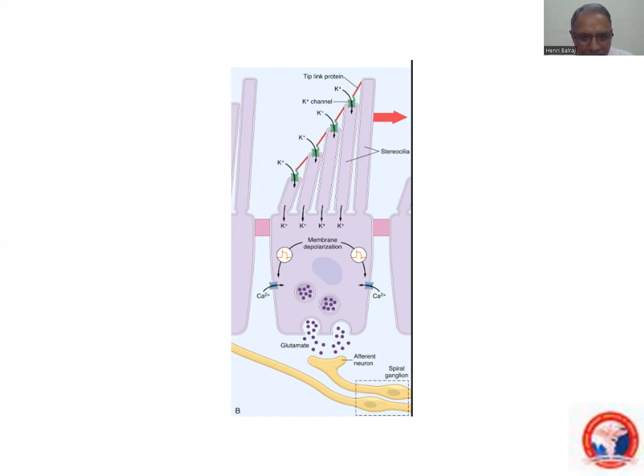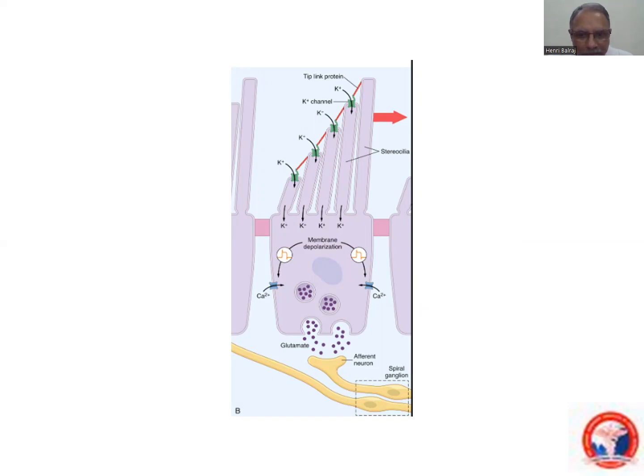This neurotransmitter, glutamate, is exocytosed by the fusion exocytosis complex into the interstitial fluid between the hair cell, the receptor for hearing, and the afferent neuron.